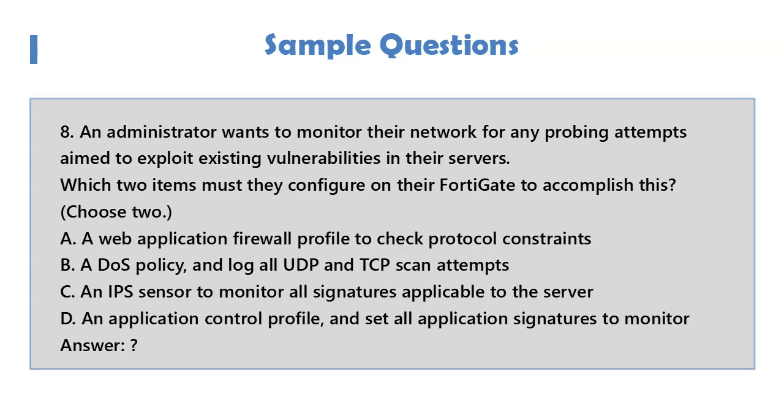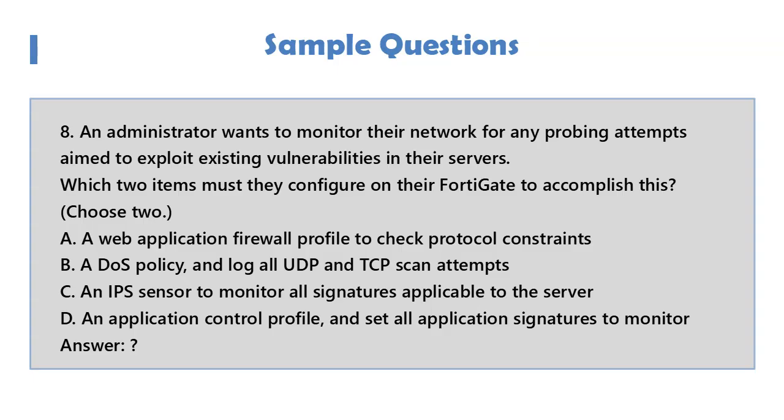8. An administrator wants to monitor their network for any probing attempts aimed to exploit existing vulnerabilities in their servers. Which two items must they configure on their FortiGate to accomplish this? Choose 2. A. A web application firewall profile to check protocol constraints.